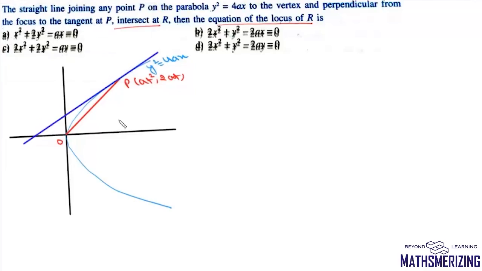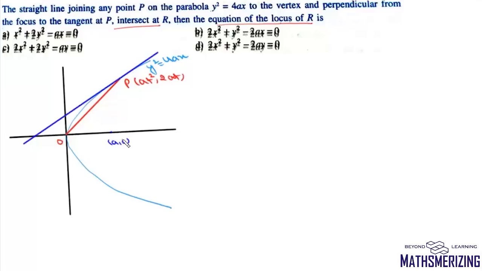And the perpendicular from the focus to the tangent at P. So we have this tangent at P, and then we have this focus, which is (a, 0).